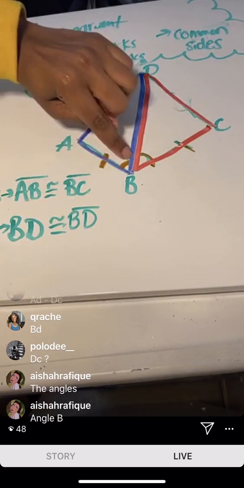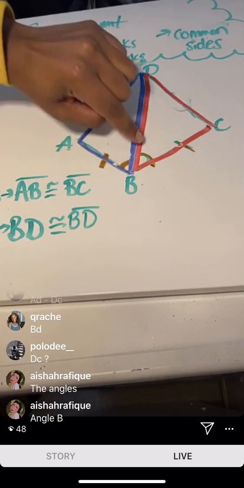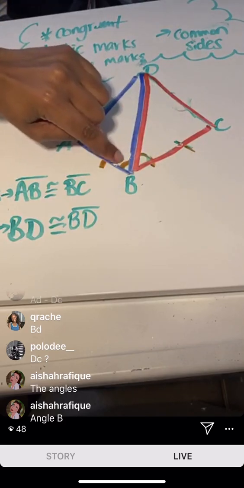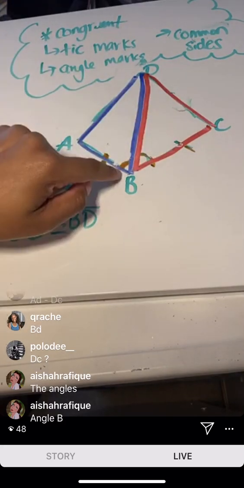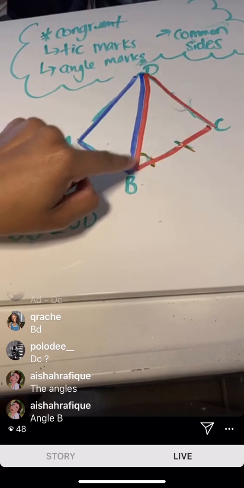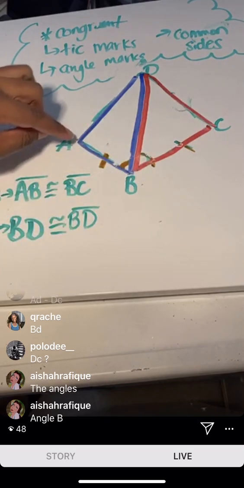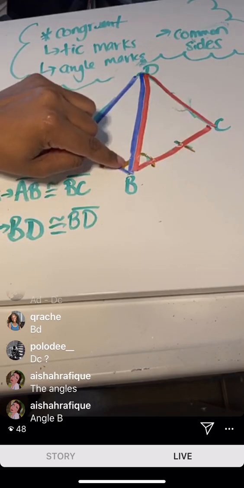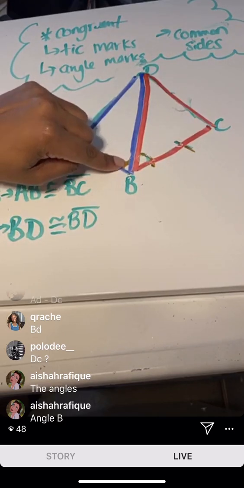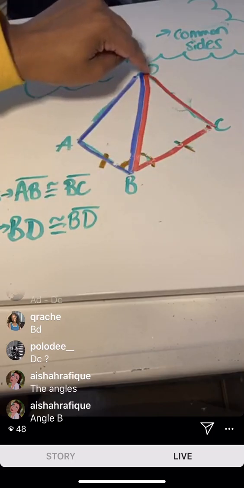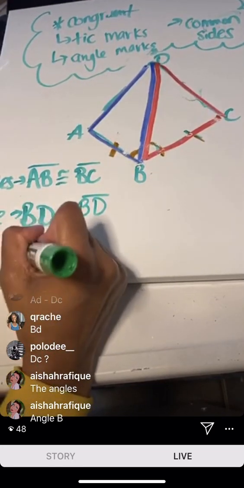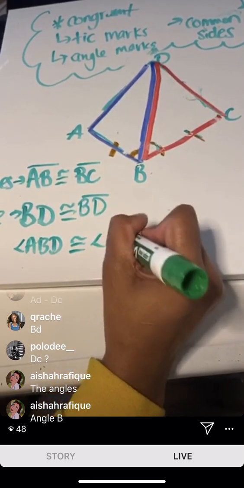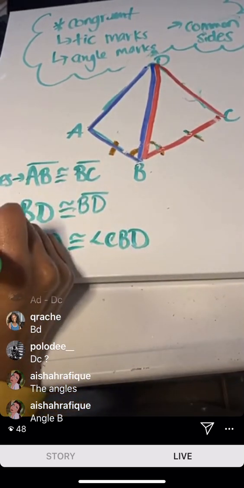The little arcs in the middle. Y'all see those little orange arcs in the middle? Those are the congruence arcs for angles. So those let me know that the angles are congruent. So this angle ABD, this little angle right here, is congruent to the other one, CBD. So angle ABD is congruent to angle CBD.